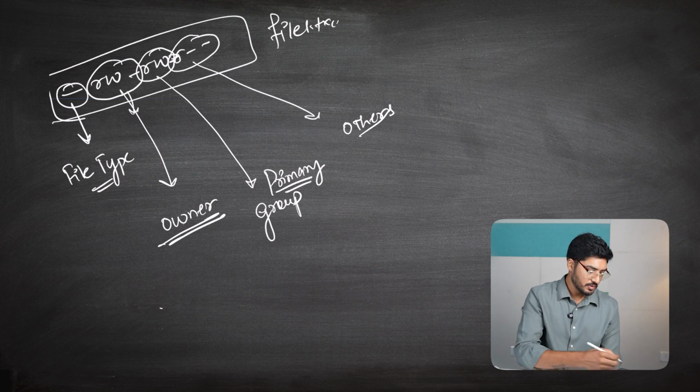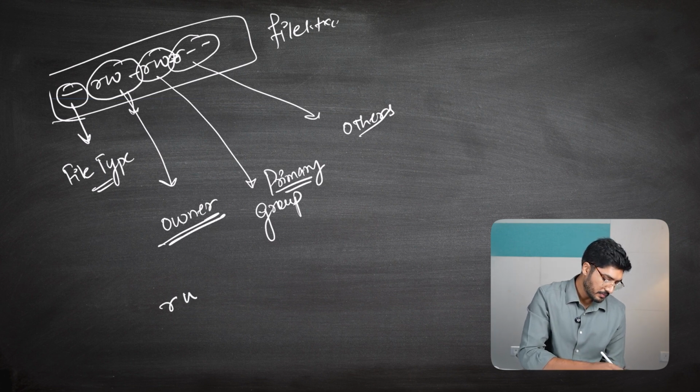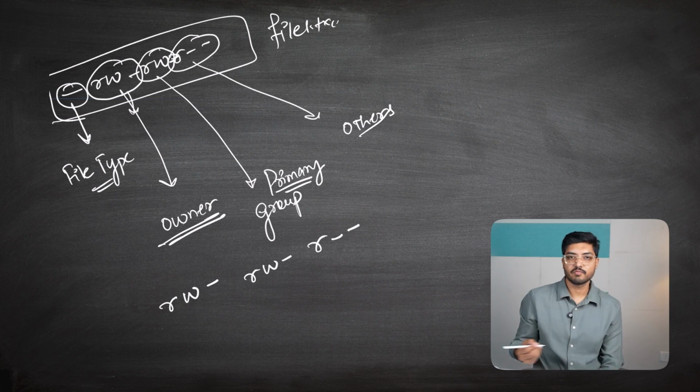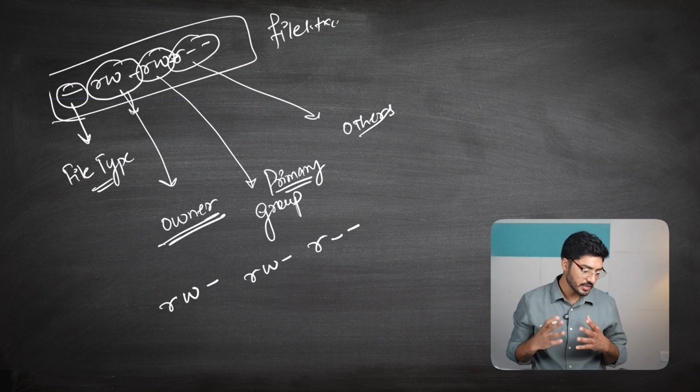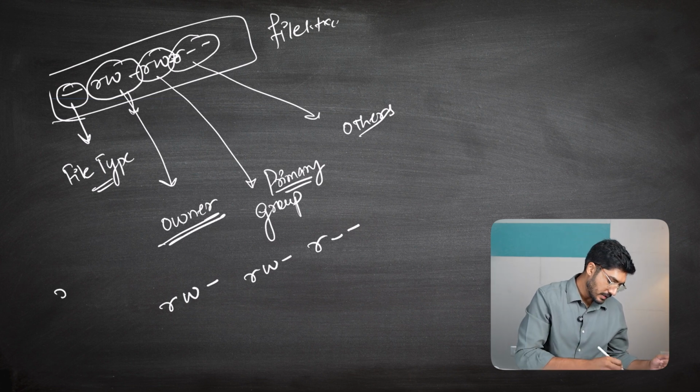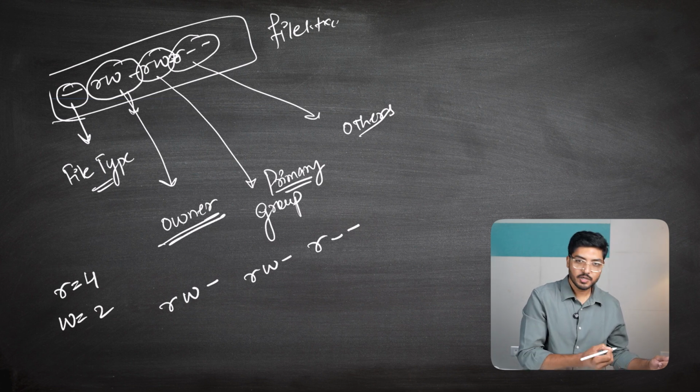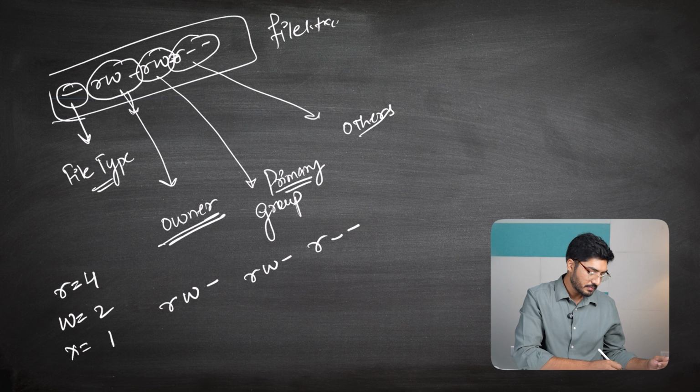If you break it down, you can see this file has permission rwx hyphen, then rw hyphen, then r hyphen hyphen. In Linux, you can understand this further: it represents numeric values. r represents number 4, w represents number 2, and x represents number 1.